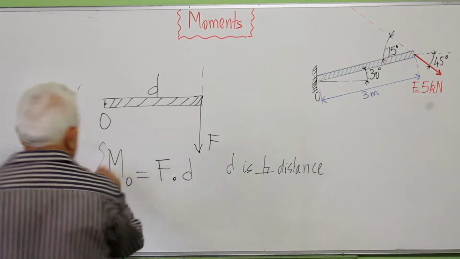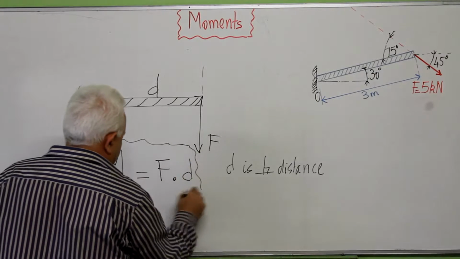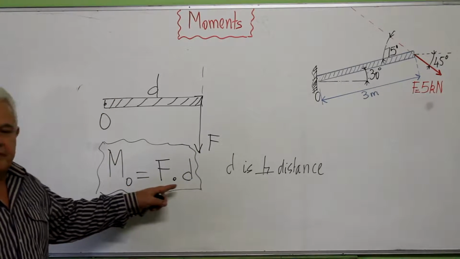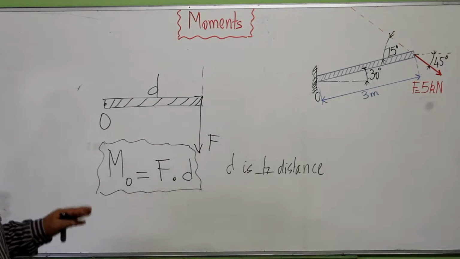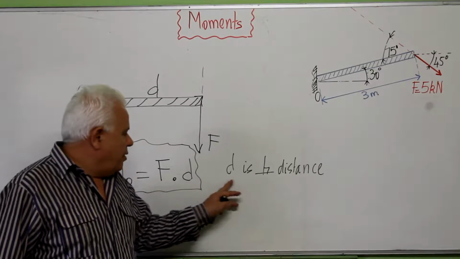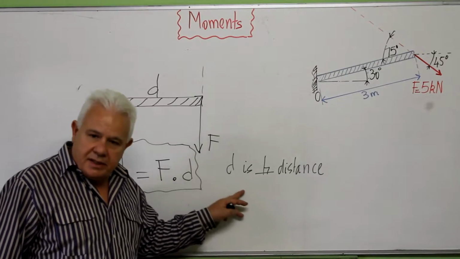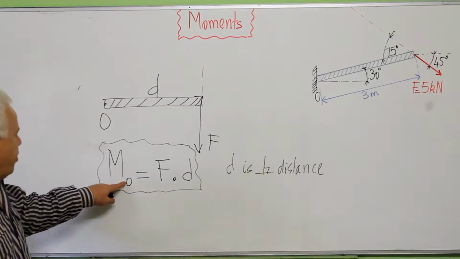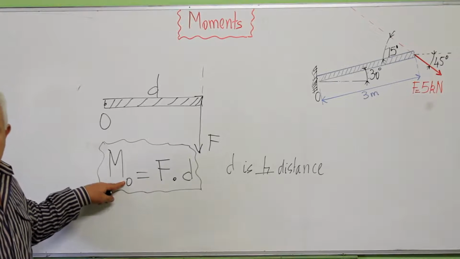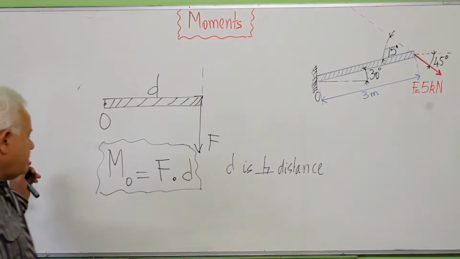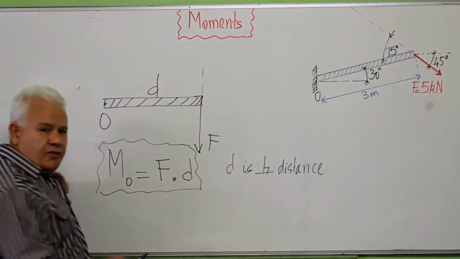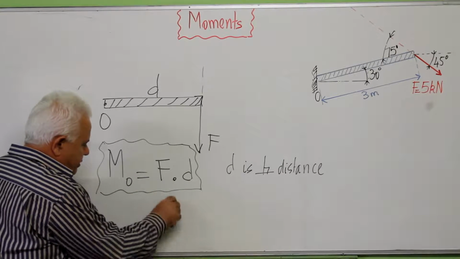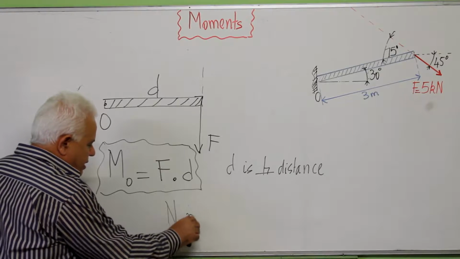So the moment in scalar formulation is F times D. Again I emphasize that D is the perpendicular distance to the point where I want to calculate my moment. Of course, the unit of the moment is F, in newtons, times D in meters.